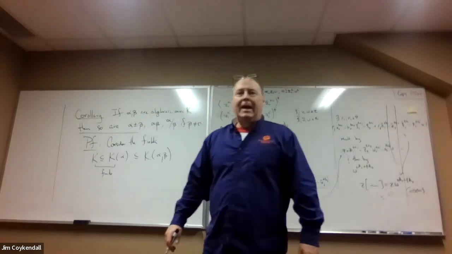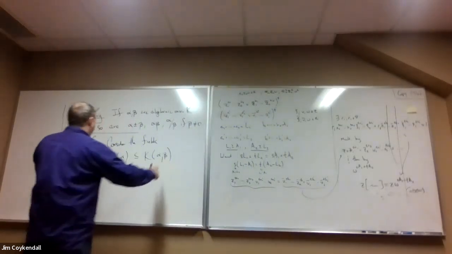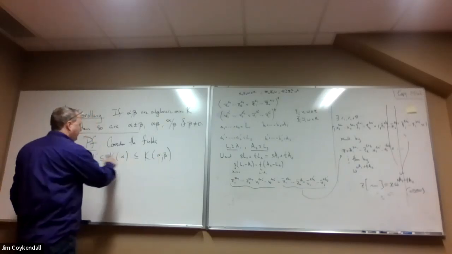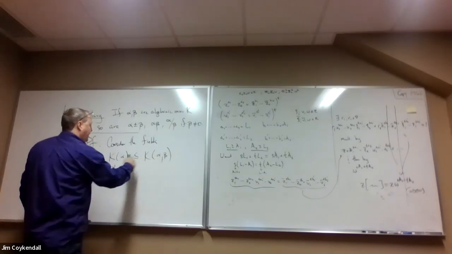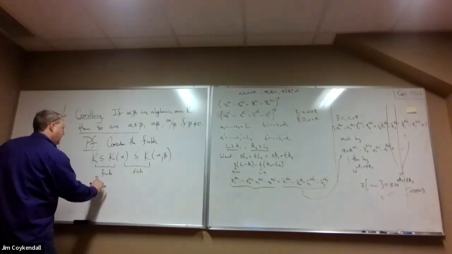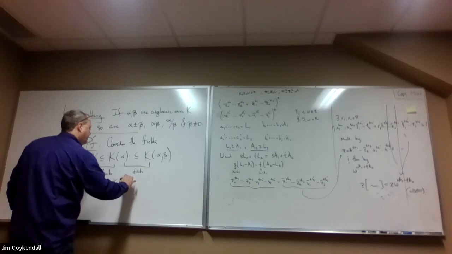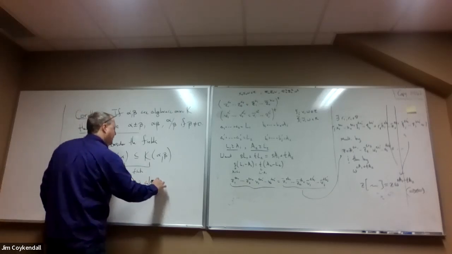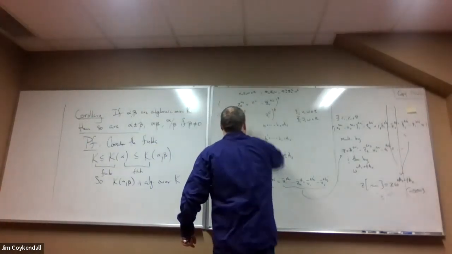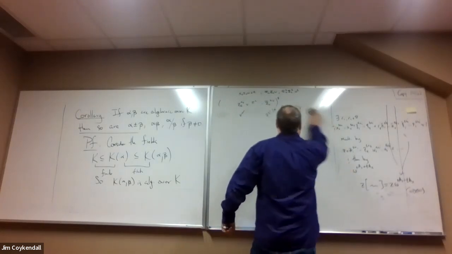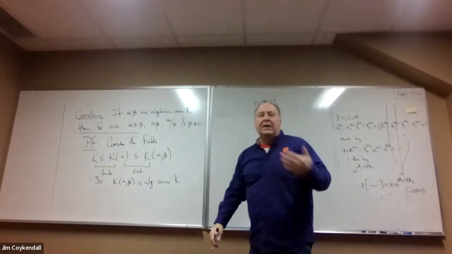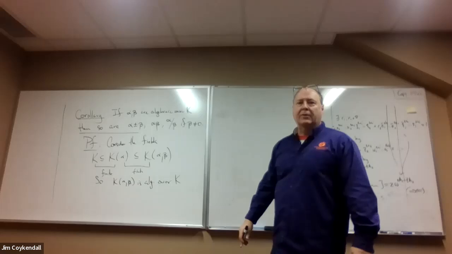Right? And beta is algebraic over K, so beta is certainly algebraic over the bigger K alpha, and that must be finite as well. So K alpha beta is algebraic over K. So that entire field extension is algebraic over K.